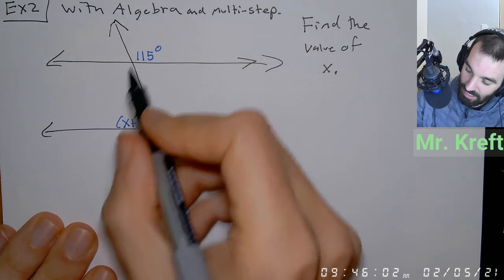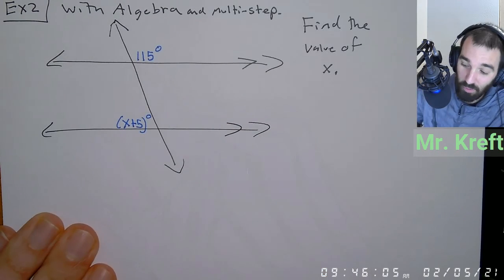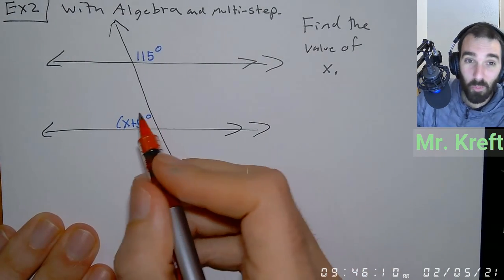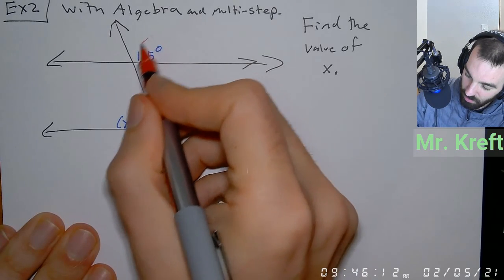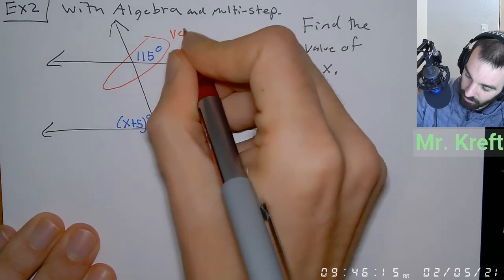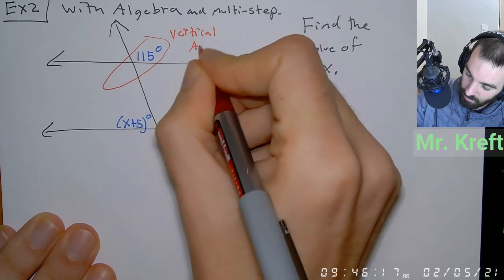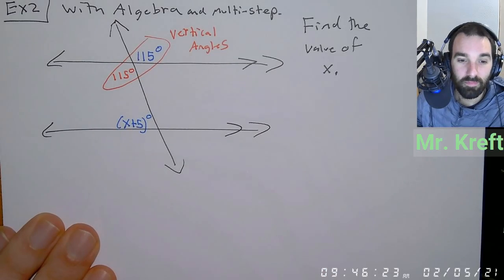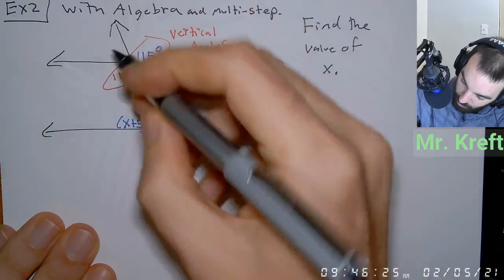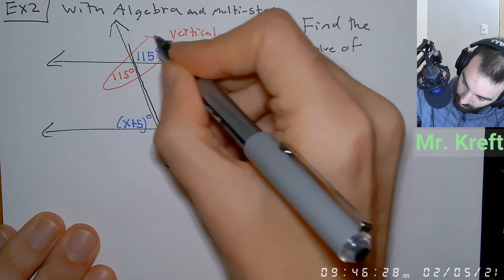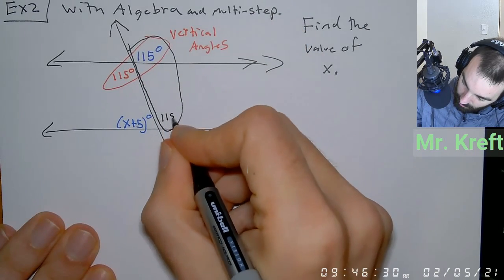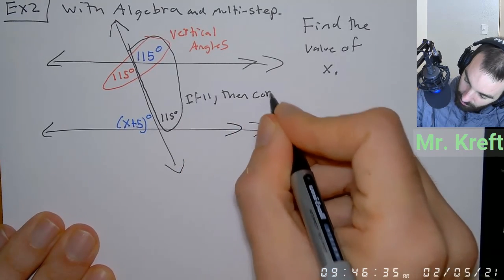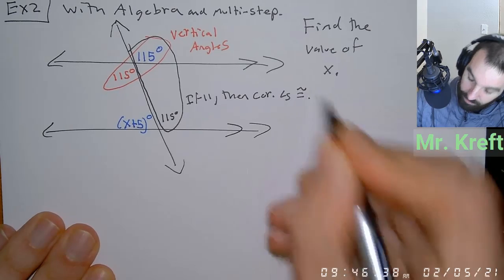So, for example, if this is 115, what else can be 115? There's a whole bunch of different ways we could do that. We could do vertical angles. This would be 115. We could do, if parallel lines, then corresponding angles are congruent.